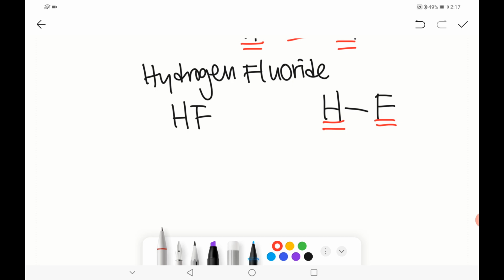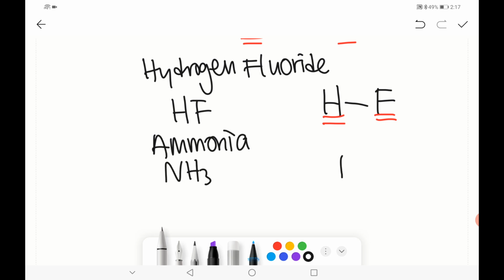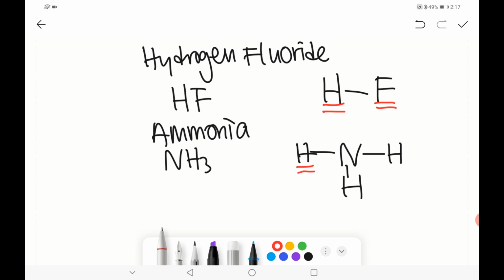Next, we have ammonia. For ammonia, the formula is NH3. If I draw it, it's N attached to 3 H. Same thing: ammonia has hydrogen, that's the first requirement, and the hydrogen is attached to FON, the N. So we have H, we have FON, so ammonia can do hydrogen bonding.